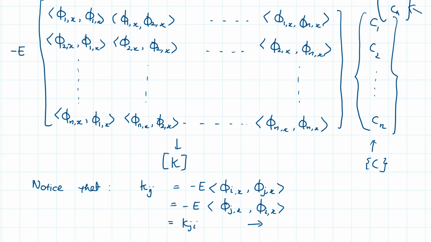This property says that our matrix K here is symmetric. And this is the special property of the Galerkin method, which stems from our assumption that our weight functions are equal to our constituent functions in the approximation to u, which indeed results in the matrix being symmetric.